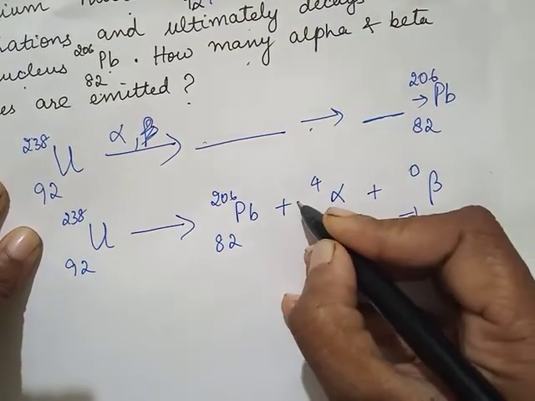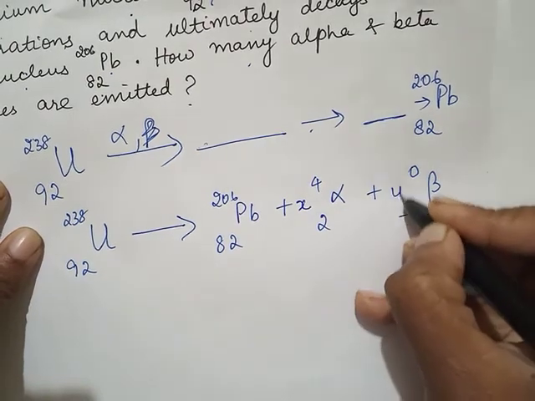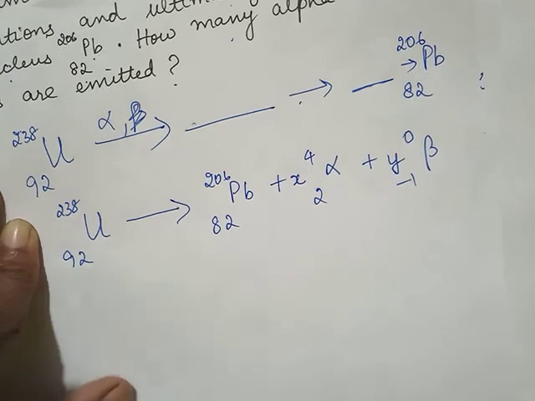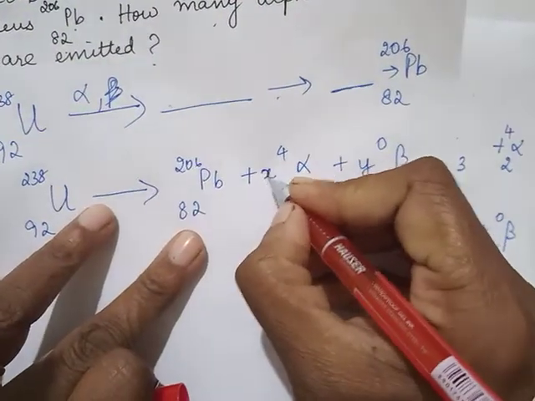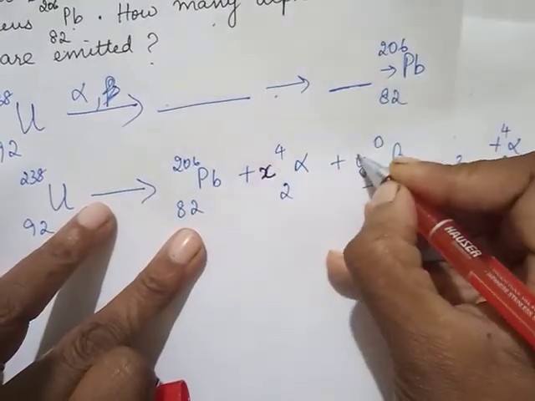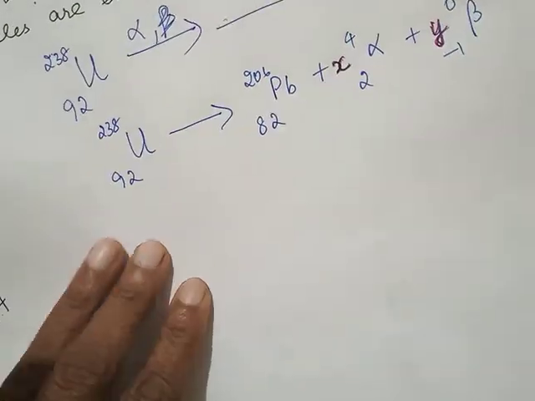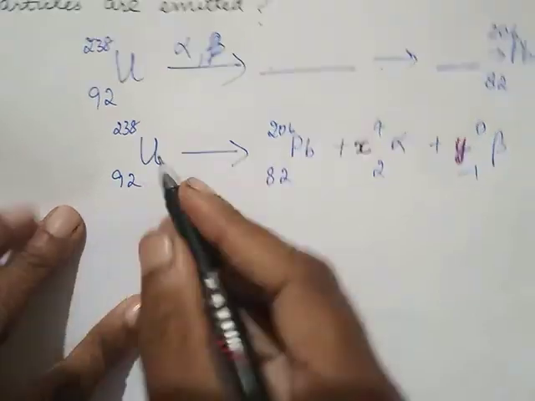We don't know, so let's take X alpha particles and Y beta particles emitted. Now let's form an equation to conserve the mass number.